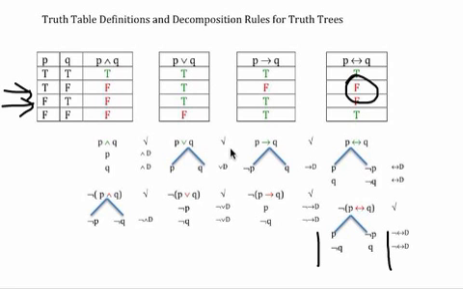Right? So again, what we're doing in all of these cases, what the decomposition rules allow us to do is simply to represent graphically the truth conditions for the statements that we started with in ways that don't contain the two-place operators that we started with. And so the process is going to continue until all we have on any given branch is a statement letter or a negated statement letter.